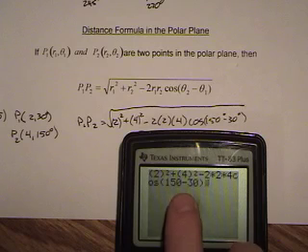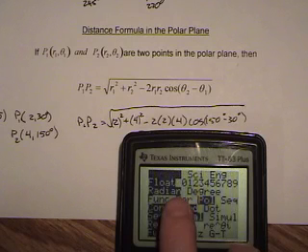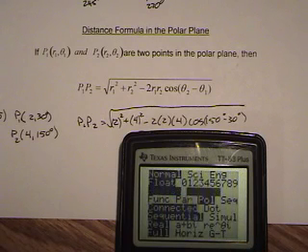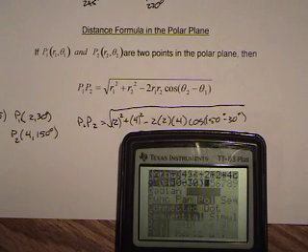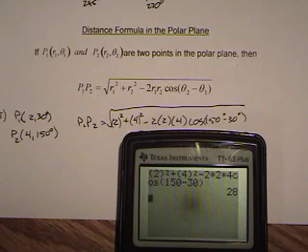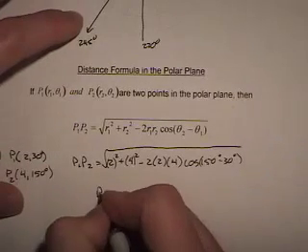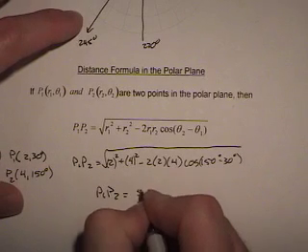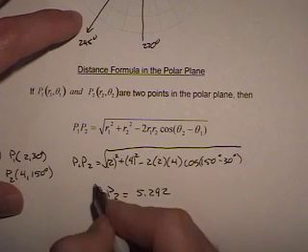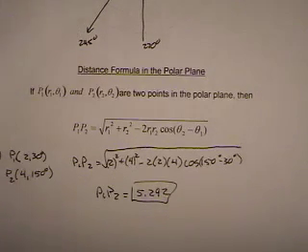I'm plugging in degrees, so I'm going to hit mode and make sure I'm in degrees, right? I'm in radians now, so it's not going to come out. Let's change to degrees. So always check where you're at. Enter. So it's 28. Remember, it's the square root of the whole thing. So 5.292. Alright. So my distance, 5.292. Alright, so that's how you find the distance.